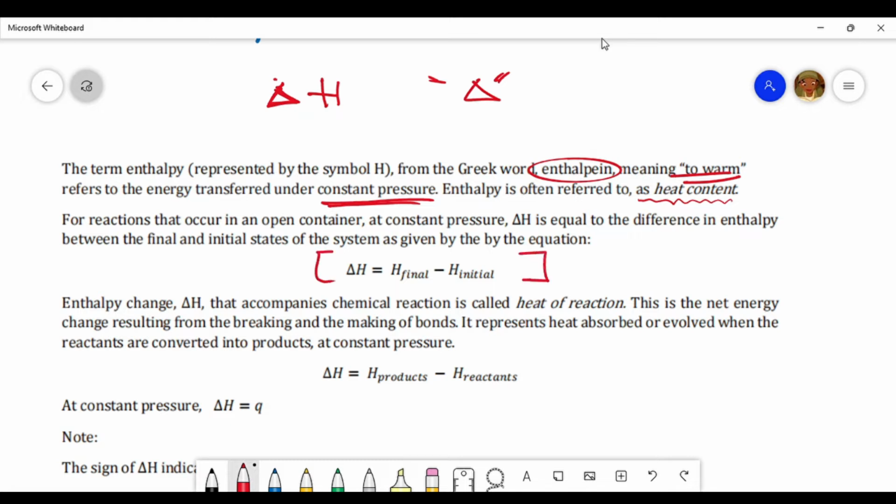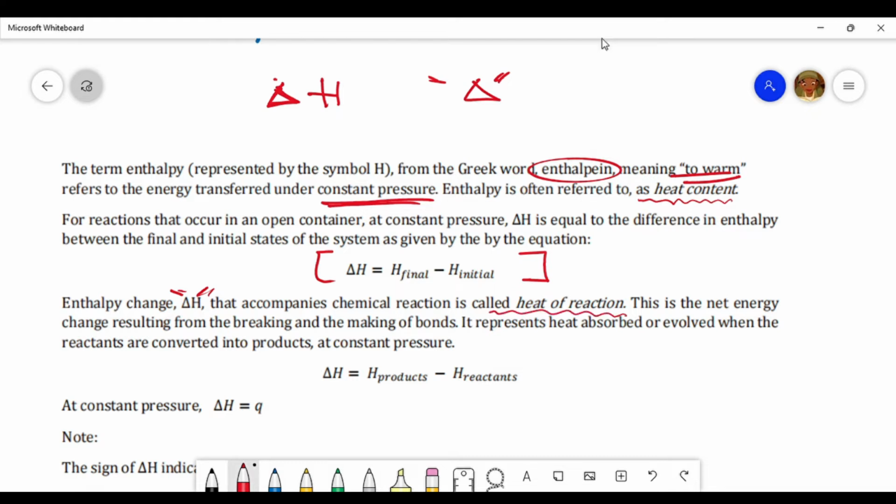So H is the heat. The enthalpy change, delta H, that accompanies a chemical reaction is called the heat of reaction.